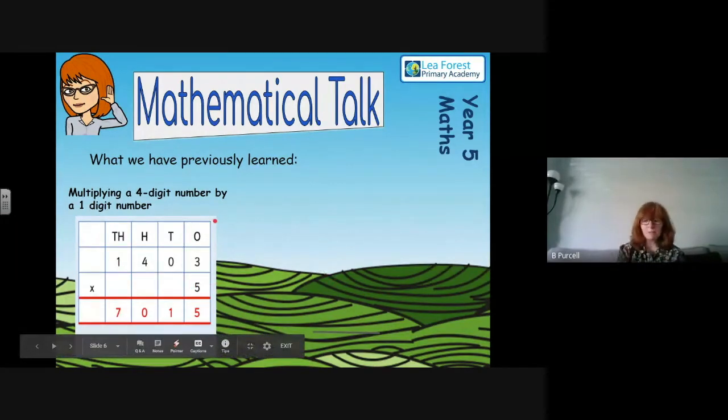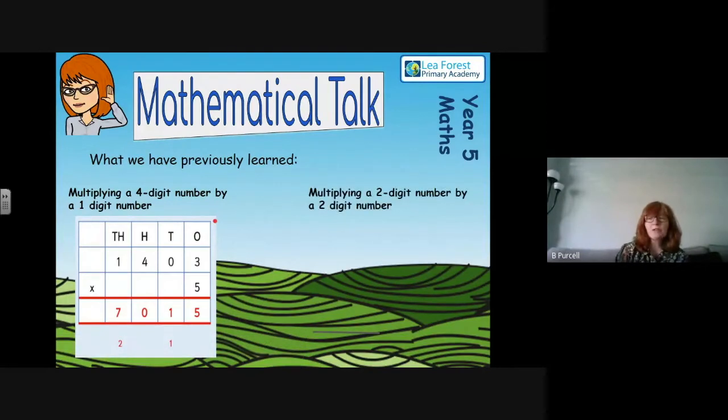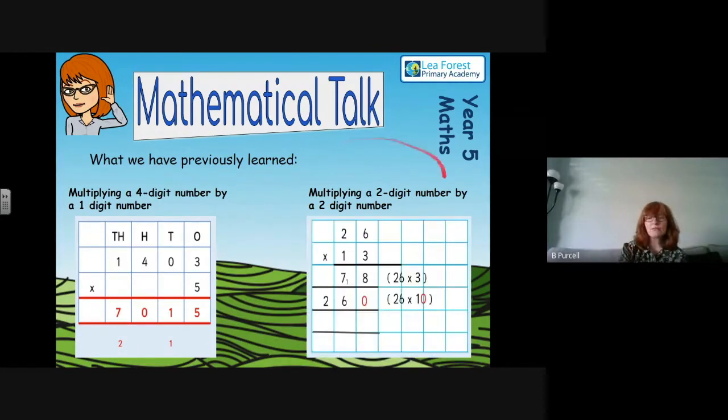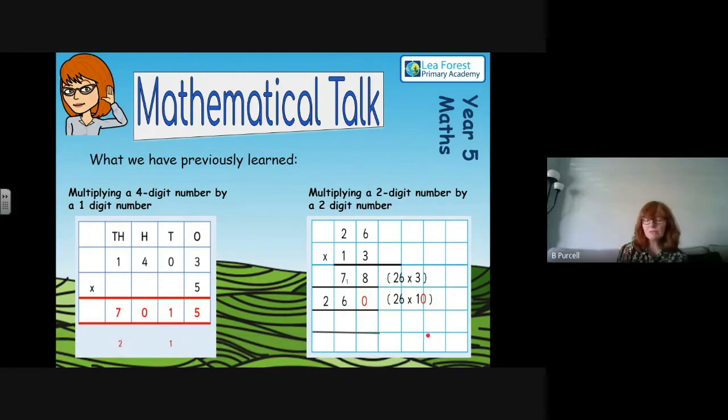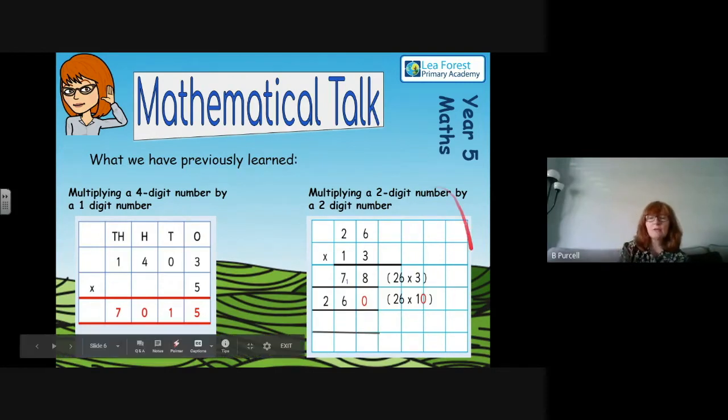So nice and simple. So multiplying a 2-digit number by a 2-digit number. Now I've put that after multiplying a 4-digit number by a 1-digit number because it's remembering that we have to have a placeholder when we multiply by a 2-digit number. So here, what we have to do is 26 times 3.